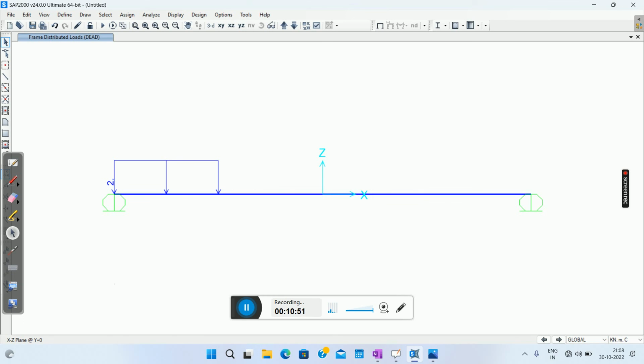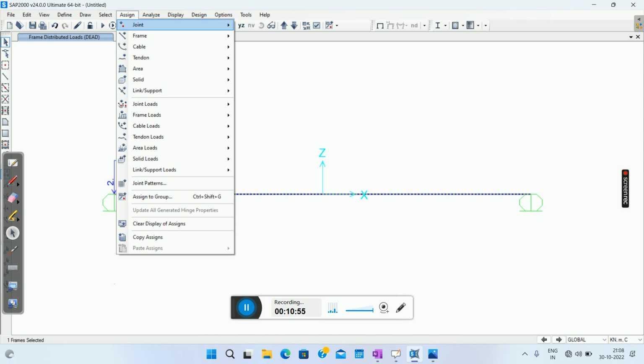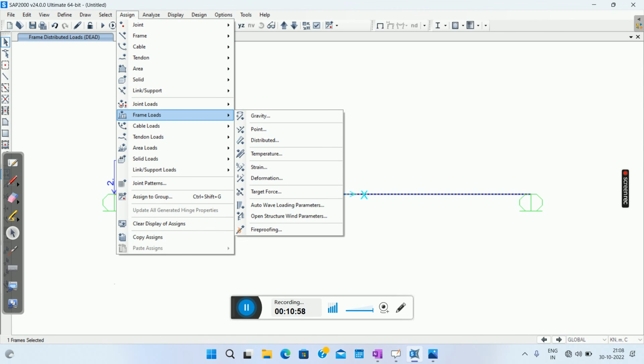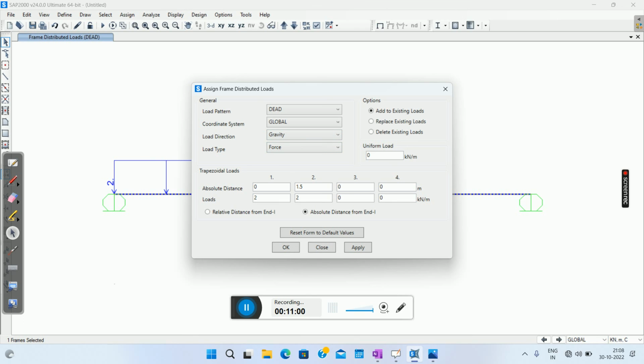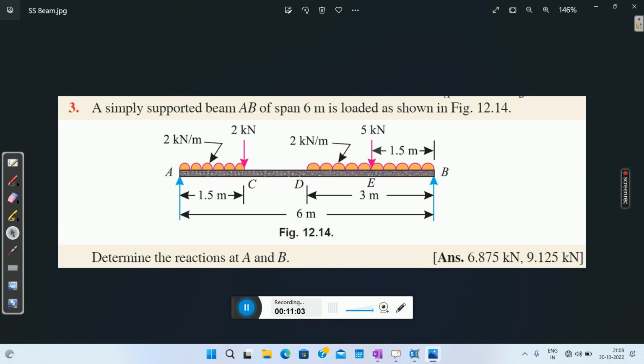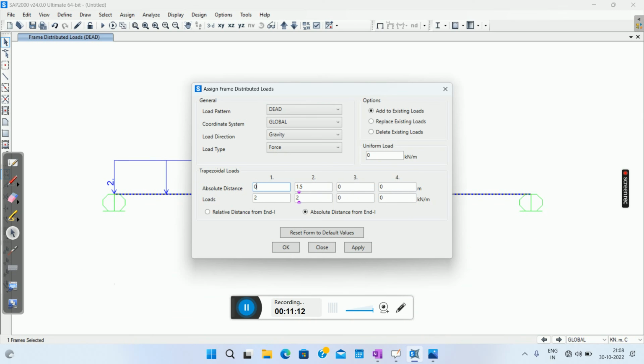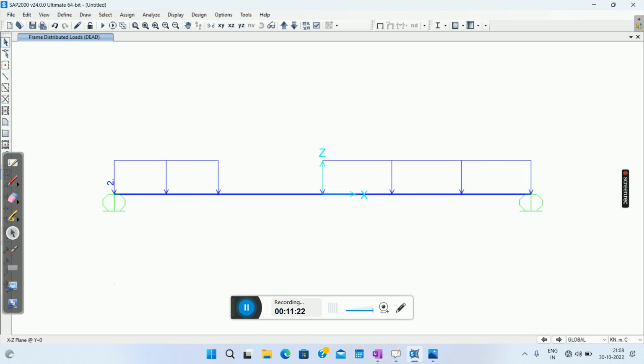This part is UDL. Again select the beam, assign, frame loads, distributed. For the second UDL, starting point will be 3 meter, ending point will be 6 meter, and intensity of load will be 2 kilonewton. Apply, close. You can see the uniformly distributed load.